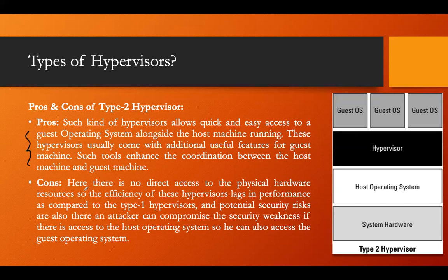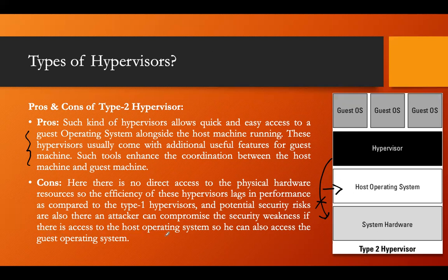What is the disadvantage? Here, there is no direct access to the physical hardware resources, so the efficiency of these hypervisors lags in performance compared to type 1. The performance is the issue because the hypervisor is not directly communicating with the hardware. And potential security risks are also there, because any security weaknesses in the host operating system will be an issue.